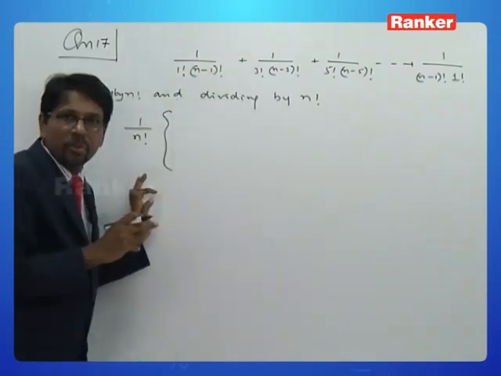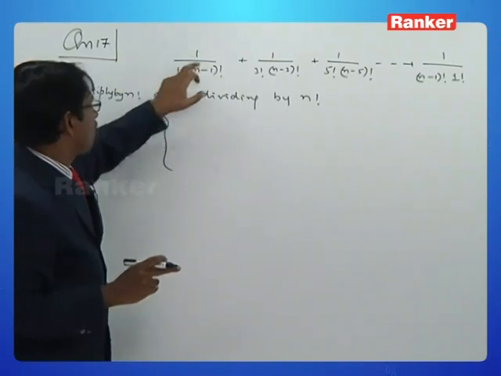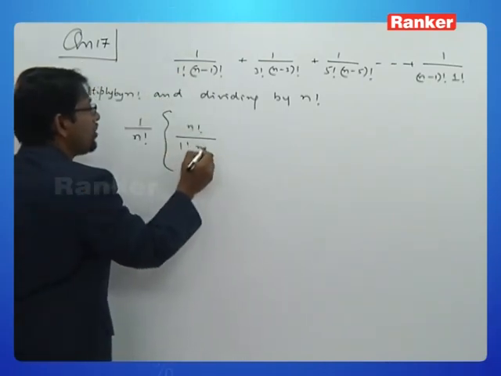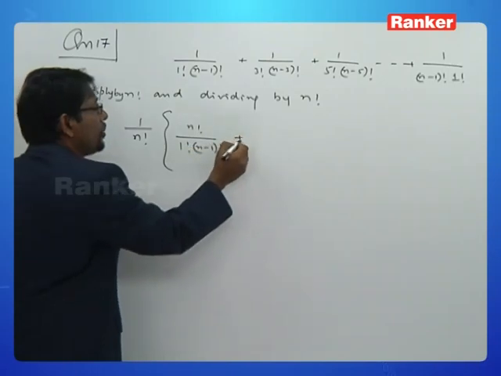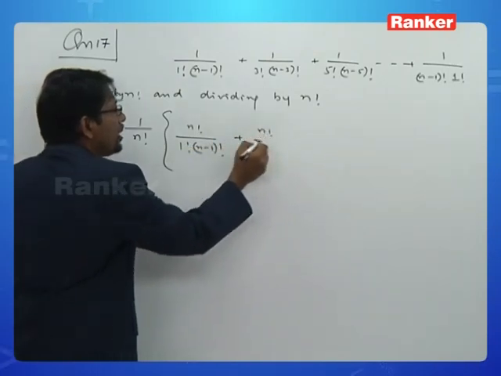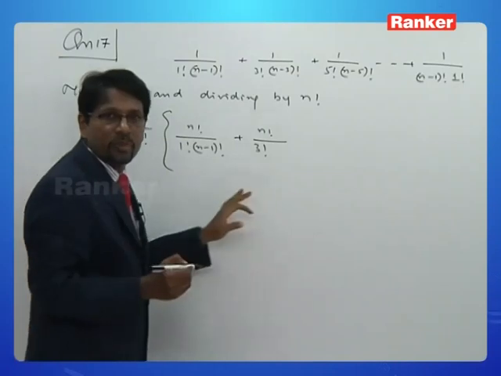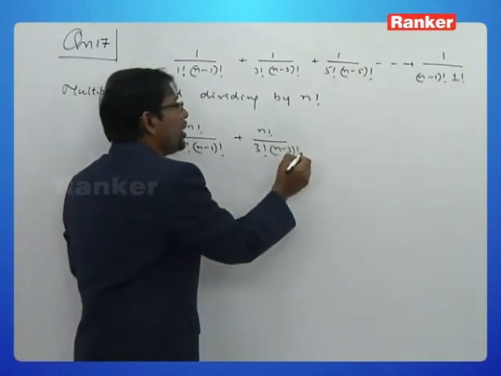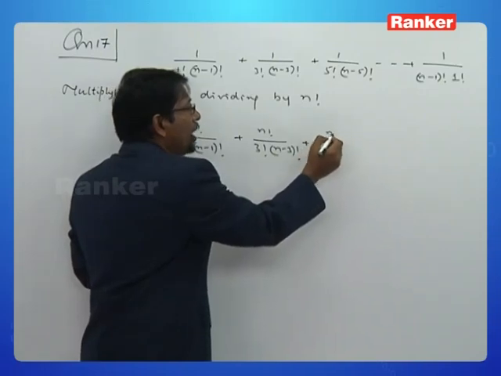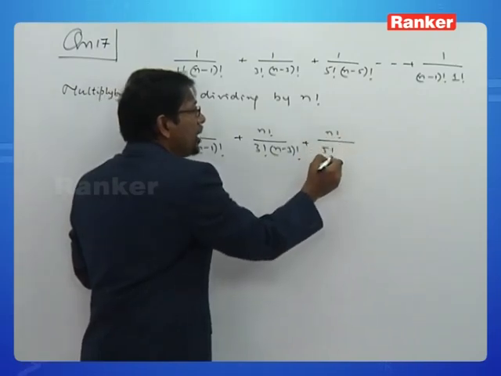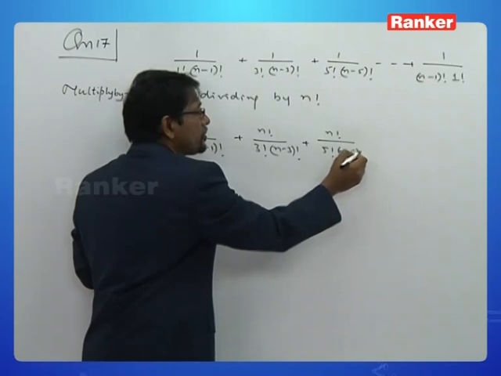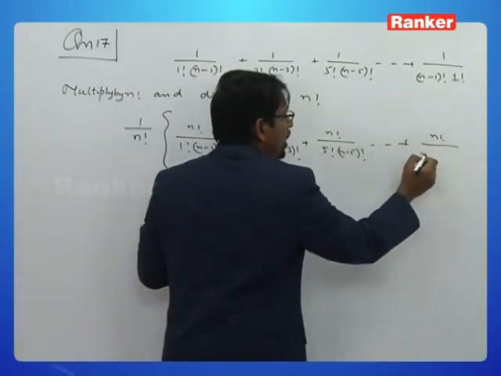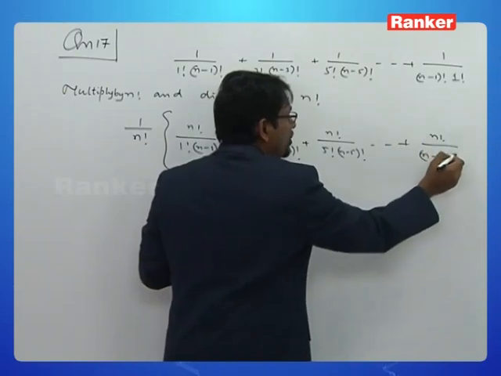So 1 by n factorial into, what is it you have? n factorial by 1 factorial into n minus 1 factorial plus n factorial by 3 factorial into n minus 3 factorial and n factorial by 5 factorial into n minus 5 factorial, so on and so forth, n factorial by n minus 1 factorial into 1 factorial.